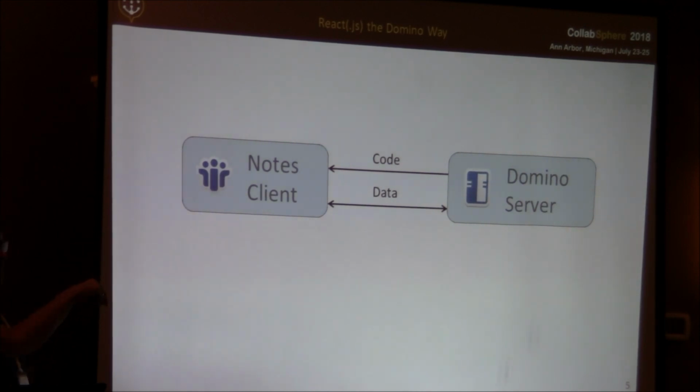So this is very fast. If you look at a view, you scroll through a view and that works very well, because it just exchanges the data between client and server and no code.